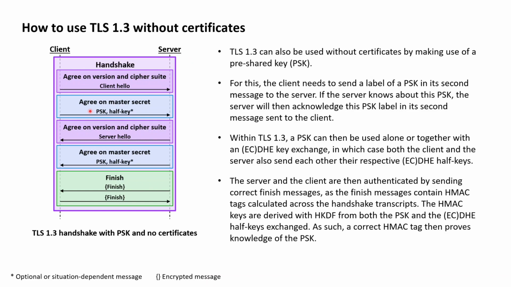Again, if the server doesn't know about the pre-shared key asked for by the client, the server will alert and the connection will close. However, if the server knows about the pre-shared key asked for by the client, the server will then acknowledge this pre-shared key in its second message returned to the client.